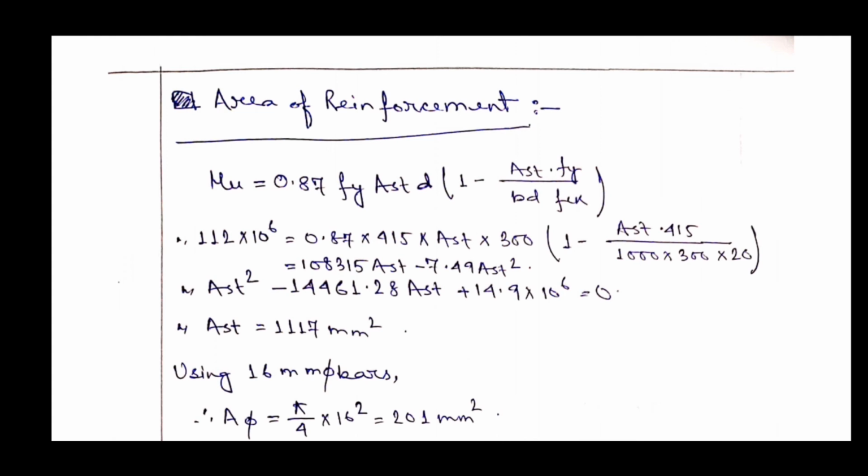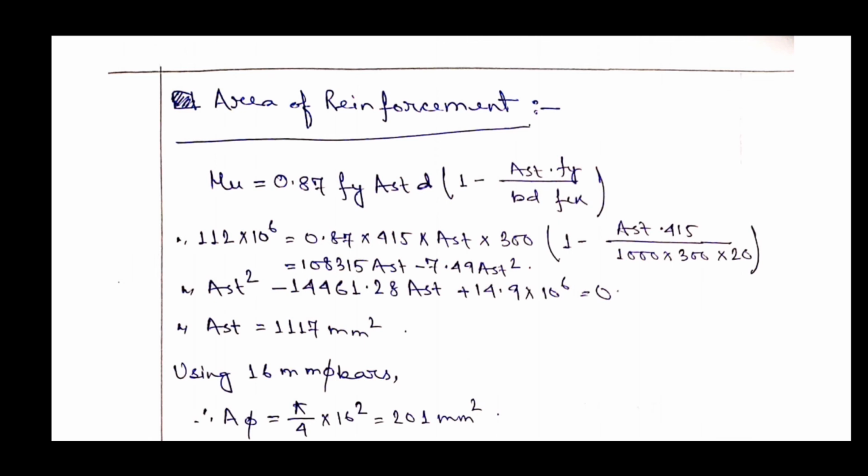So Mu is 112 into 10 to the power 6 equals 0.87 into fy is 415 into Ast, that is unknown, into d, that is effective depth, is 300, we assumed already, (1 minus Ast, unknown, into fy is 415 divided by b is 1000 into d is 300 and fck is 20).